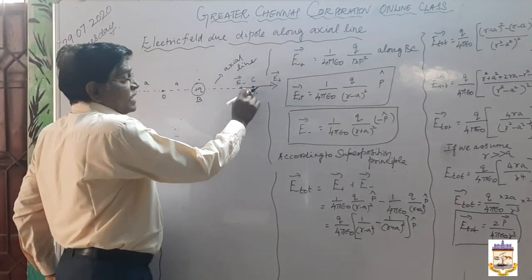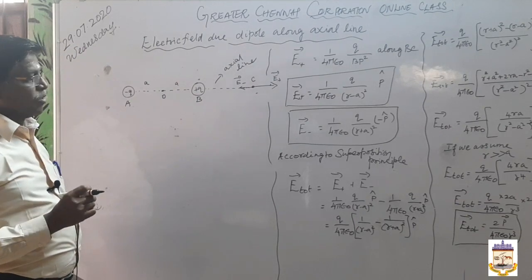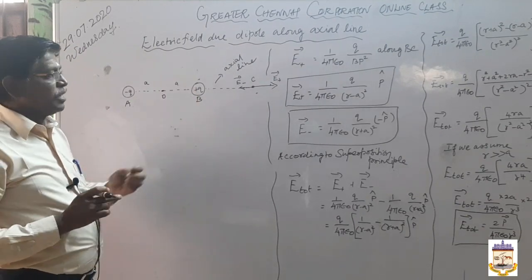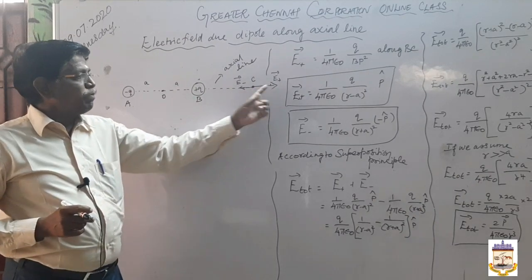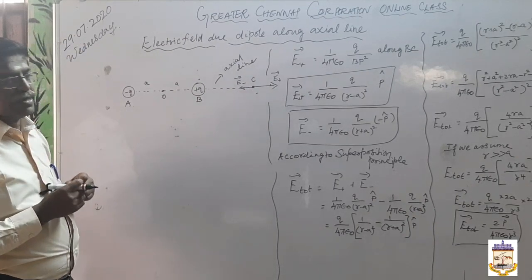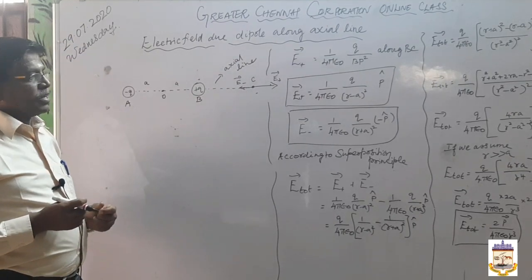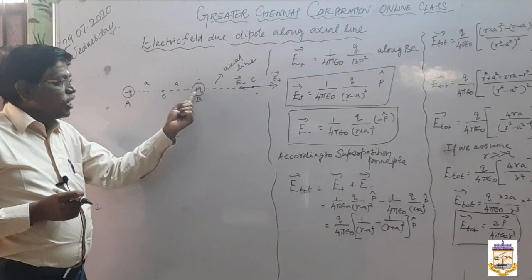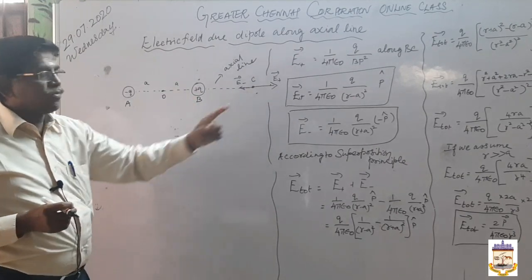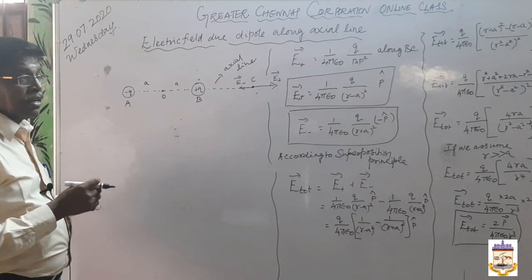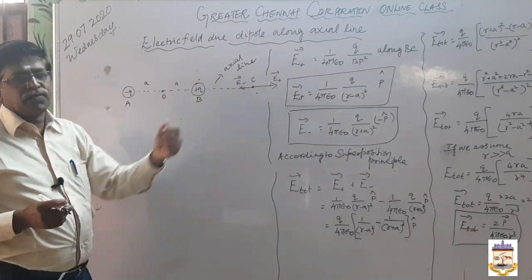What is the net electric field at the point C? We are going to calculate using the mathematical expression. Here I have drawn E plus with bigger magnitude and E minus with smaller magnitude. Why? Because the positive charge is very near to this point, so the electric field is more. When you consider a point very near, the electric field is more.